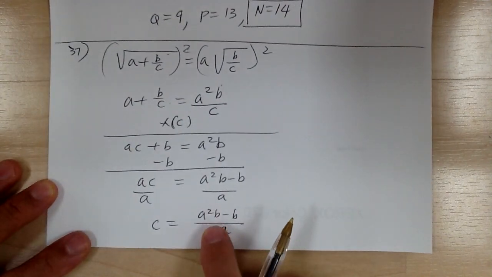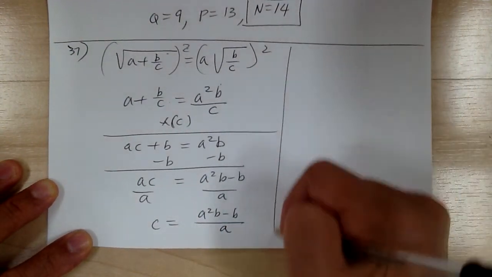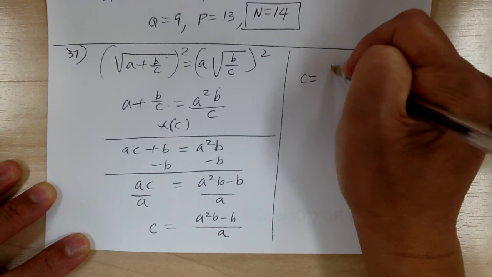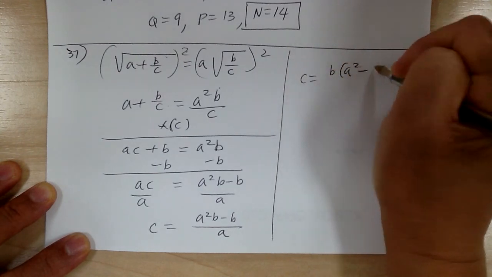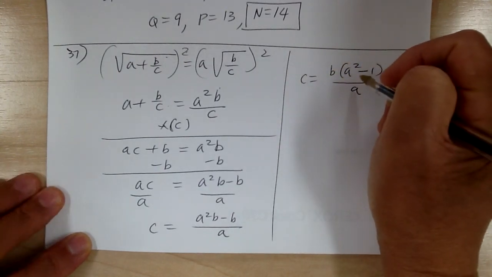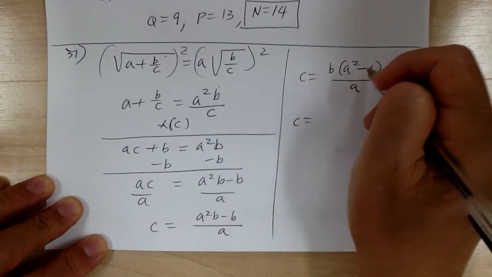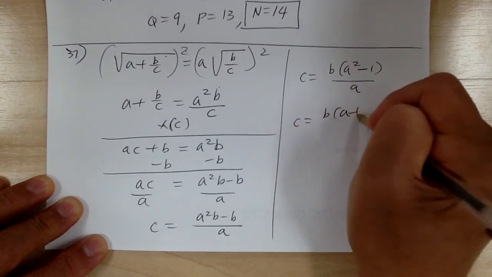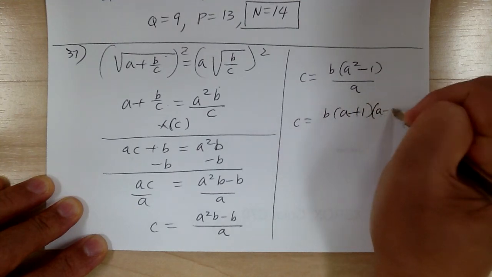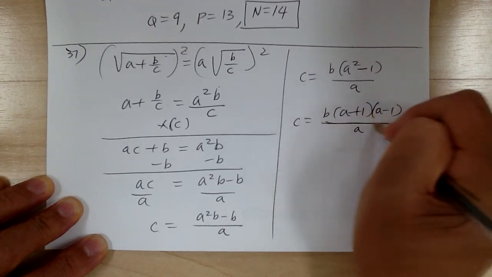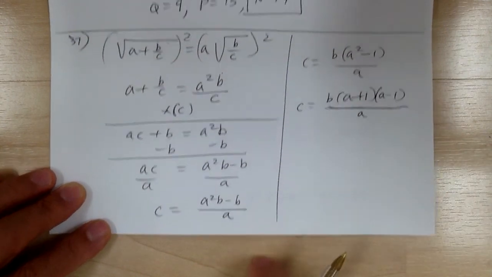So you can factor out the b, you get b times (a squared minus 1) over a. And if you want to simplify anymore, that's fine. You can factor that. So you get b times (a plus 1)(a minus 1) over a. So any form of the answer is fine.